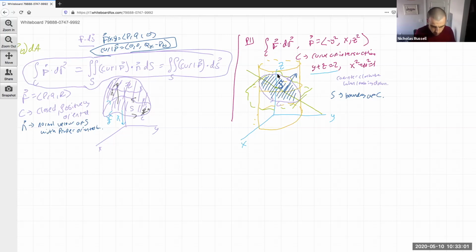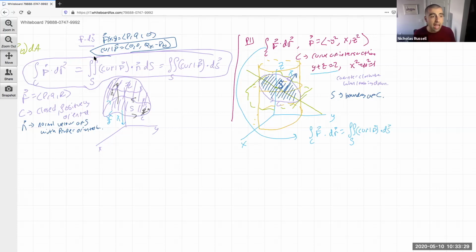We have this surface S and this orientation, which we call n, the normal vector. And so we can utilize Stokes' theorem here. Stokes' theorem says we can convert this integral into a double integral over the surface S of the curl of the vector field f dot dS.